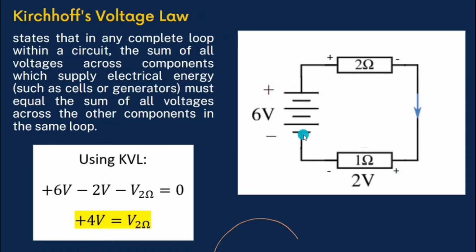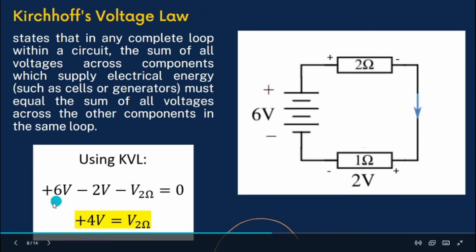Kung titingnan natin, current will flow and then it will hit the positive of our battery first. So positive 6 volts will hit the negative 2 volts, then negative voltage across 2. So that is why ganito yan. 6 minus 2 volts minus voltage across 2 is equal to 0.